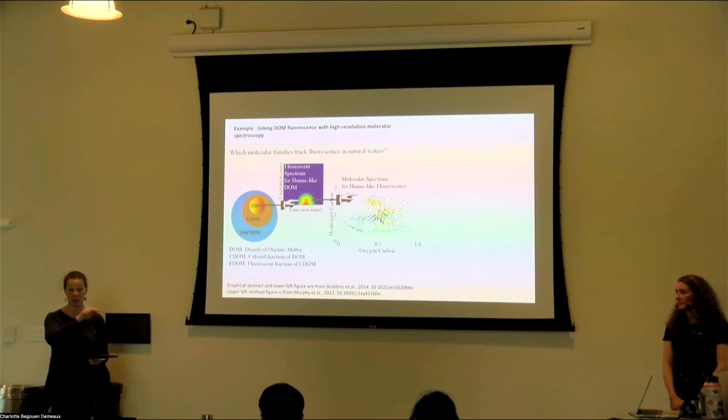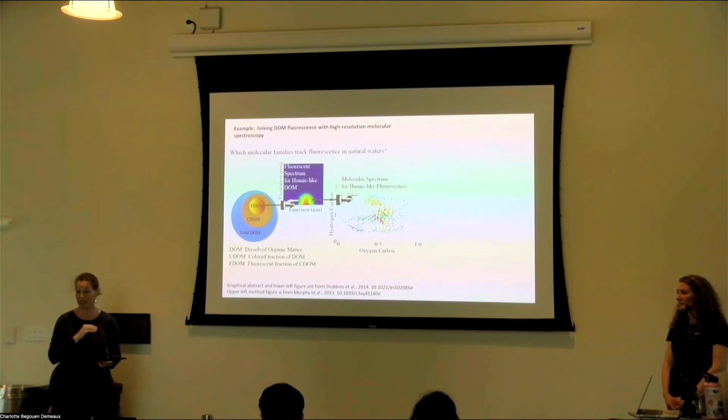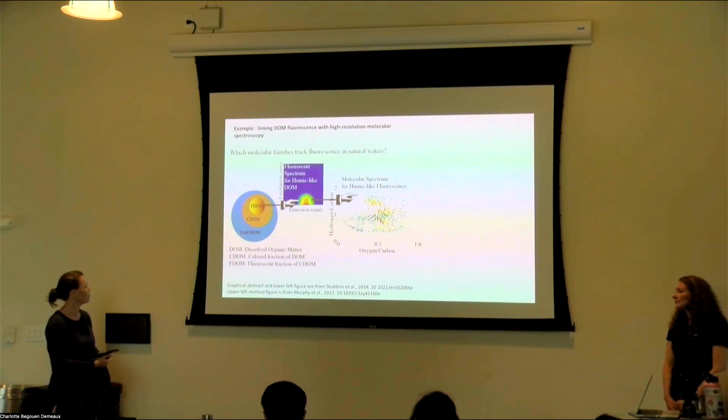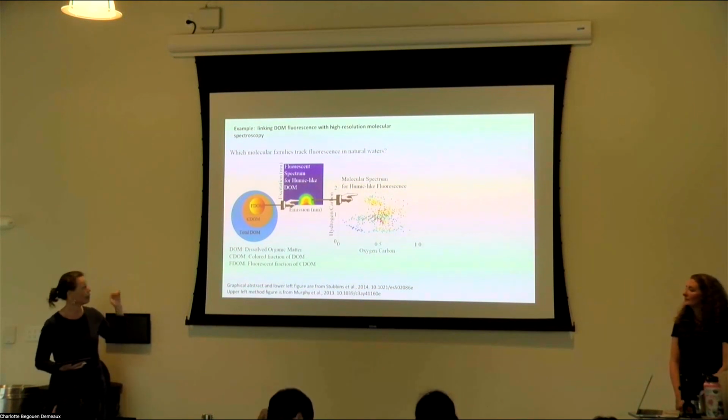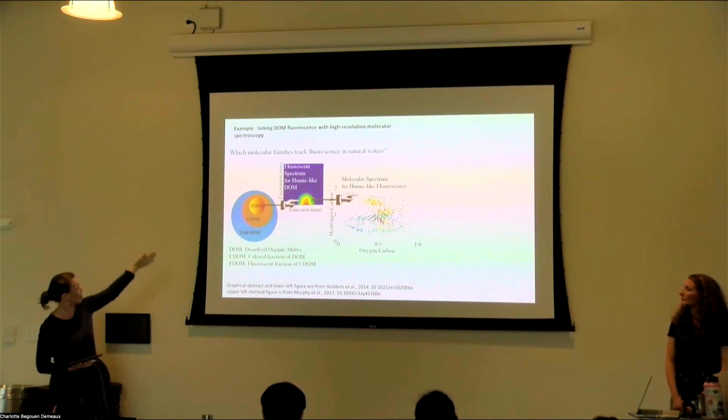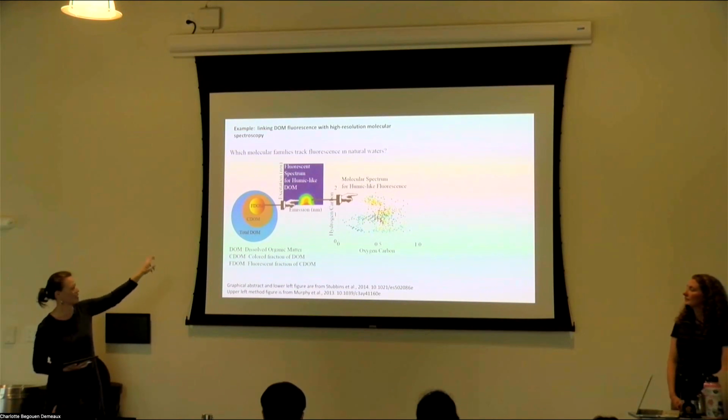But you can scan sequentially through excitation wavelengths and measure emission as a function of wavelength in discrete wavelength bands, and you get this three-dimensional fluorescence spectrum, an excitation emission matrix. This little green or blue box with the contours is excitation wavelength on the y-axis and emission wavelength on the x-axis.